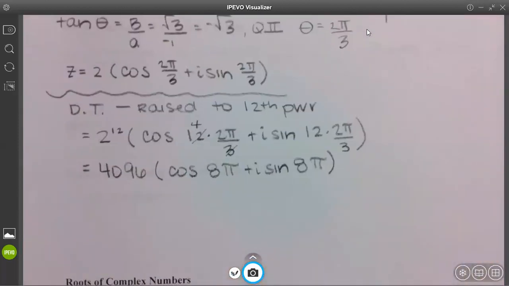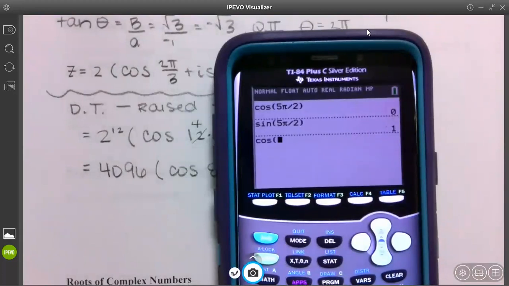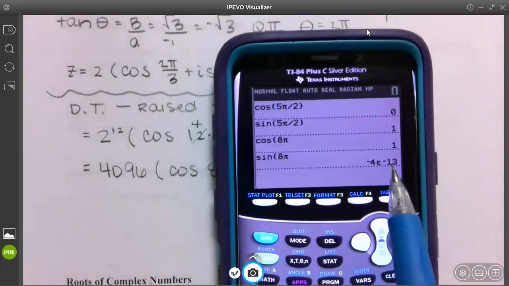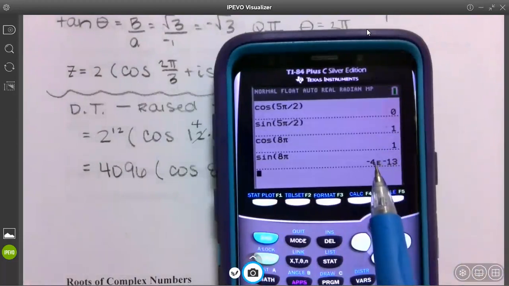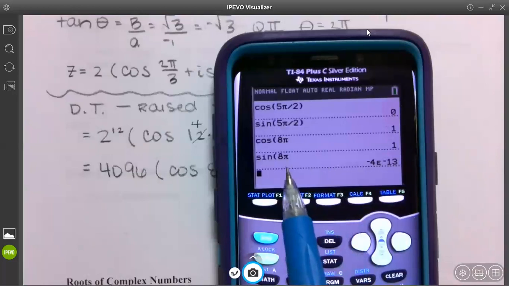When you put these in your calculator, cosine 8 pi, you get 1. Sine 8 pi, you get negative e to the negative 13. That e negative 13 means that you're going backwards 13 places with the decimal. That is definitely giving you a 0.